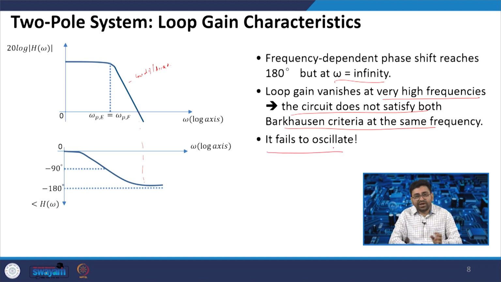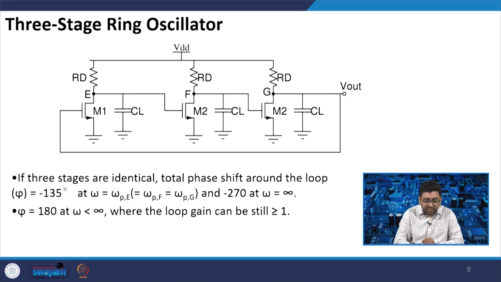Now, that is why we are adding one more stage, a third stage of the amplifier, and when we add this, if we have 3 stages, we can have a 360 degree phase shift at a desired frequency omega. So, here if the 3 stages are identical, the total phase shift around the loop is minus 3 pi, or 270 degrees at omega equal to infinity.